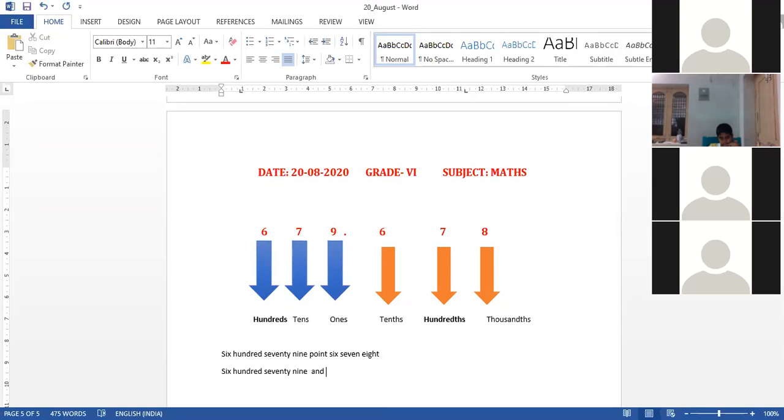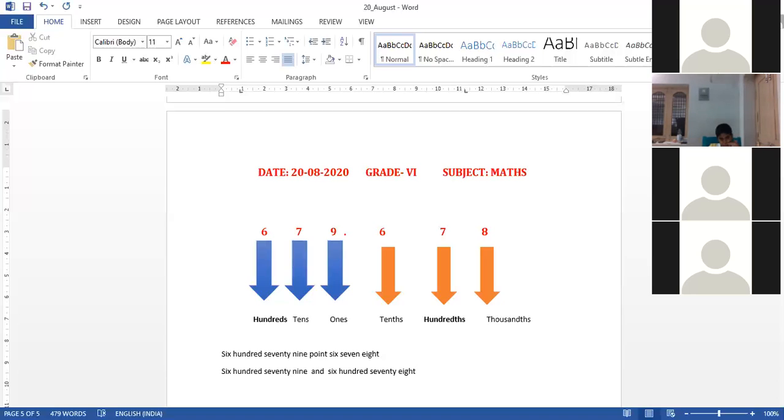Then I can say 678. I will write whatever digits we have after the decimal point, 678, and at the last we add the place value of the last digit.